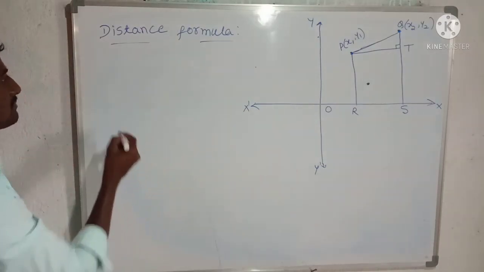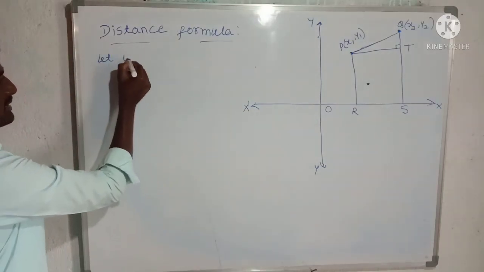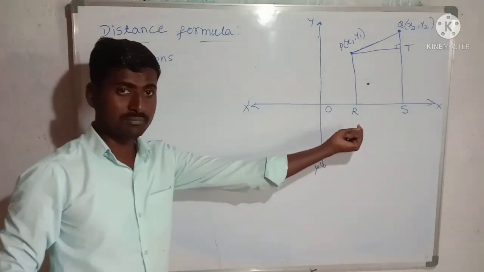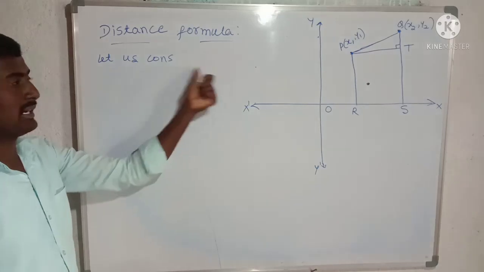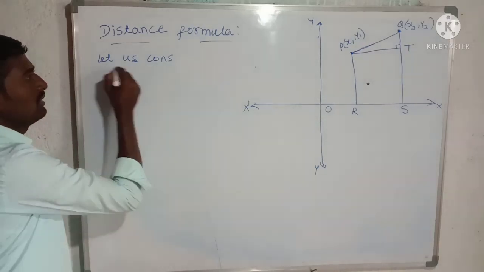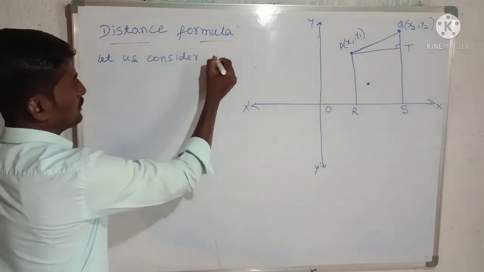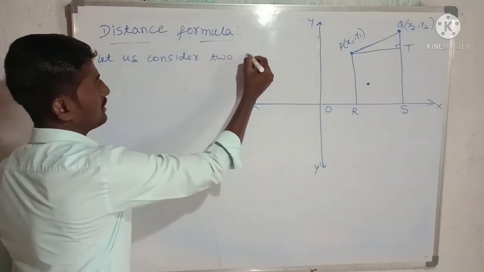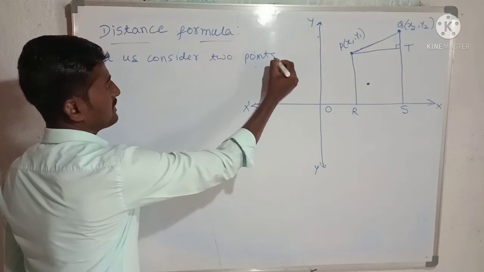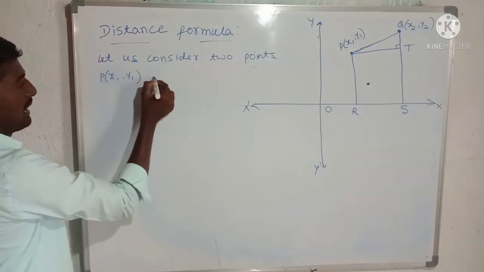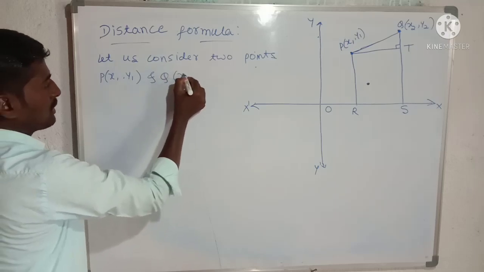So we have to write the explanation first. First you should draw this diagram. Then after that you have to write the explanation. Let us consider 2 points P x1, y1 and Q x2, y2.